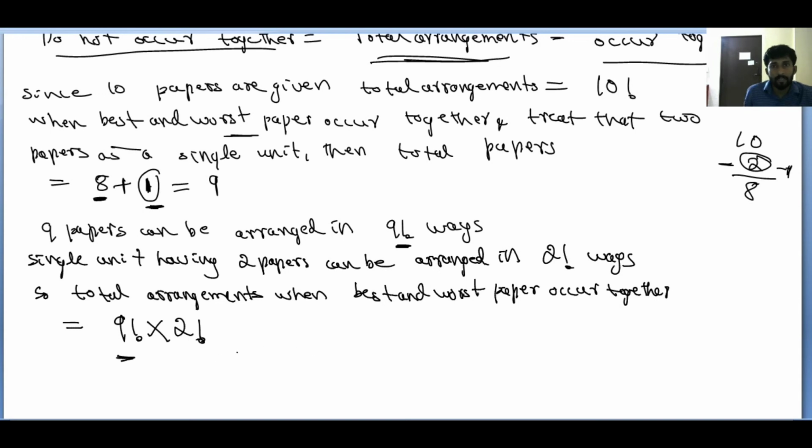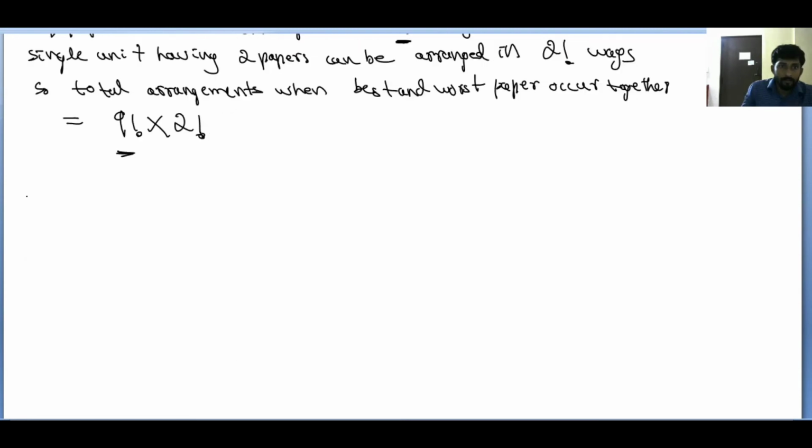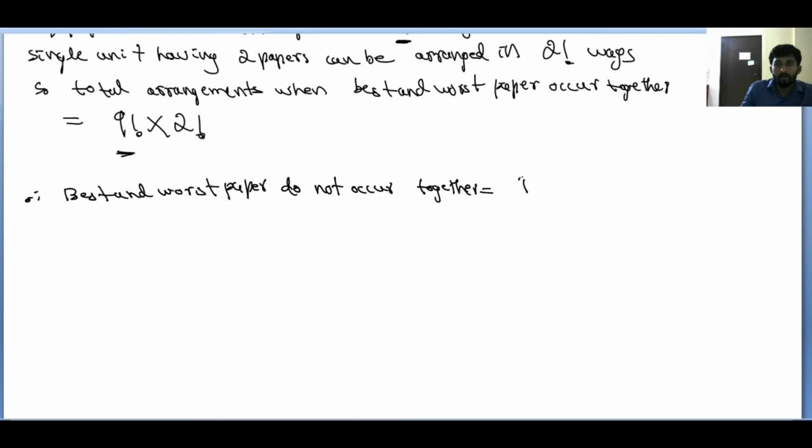But what is our question? Our question is best and worst paper do not occur together. So write the formula. Therefore, best and worst paper do not occur together equal to total arrangement minus occur together.